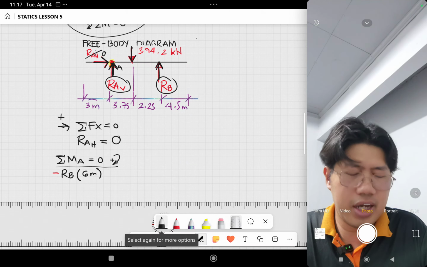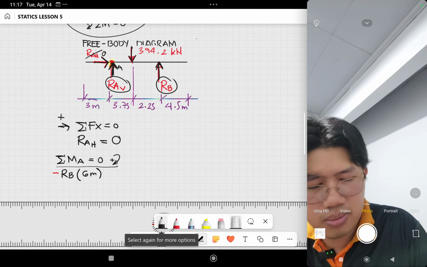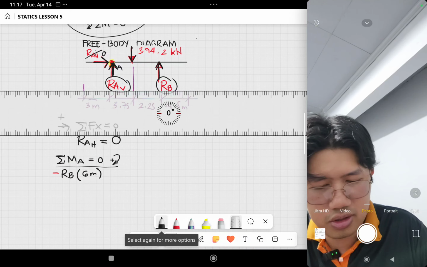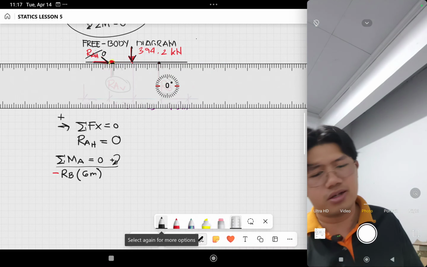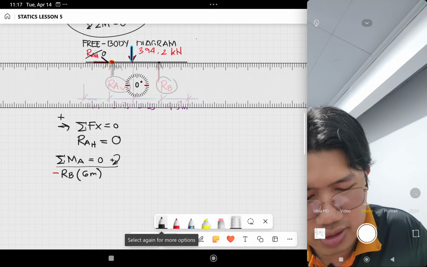Okay, and then si 394.2, yung kanyang moment, ito pala. So ito yung force, sabihin natin ito yung beam, itong ruler.